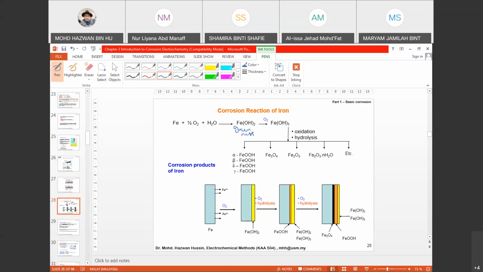The green rust or ferrous hydroxide can further oxidize to form reddish brown rust, which we call ferric hydroxide. And as I said, depending on the amount of oxygen, pH, and water, it will form different phases of rust. So we have one over here, which we call oxyhydroxide.